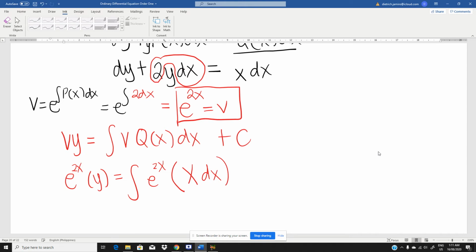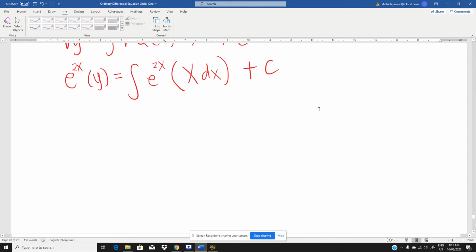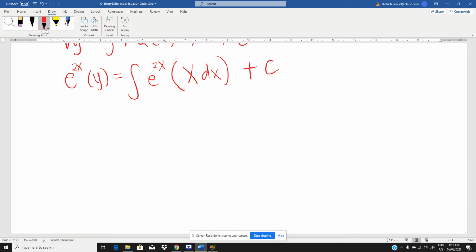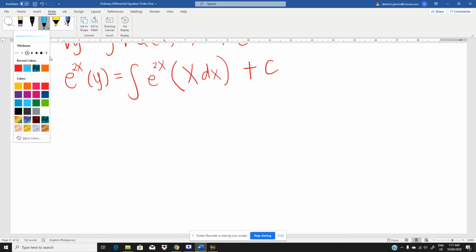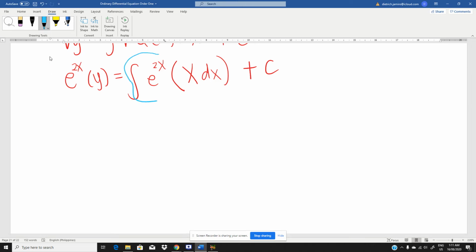As you can see on our integral, we will use integration by parts here. First, we will integrate this one, the integral of x e raised to 2x dx.